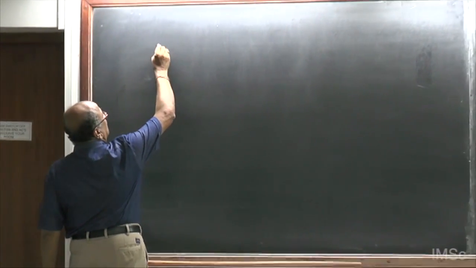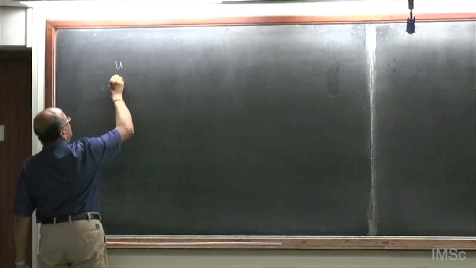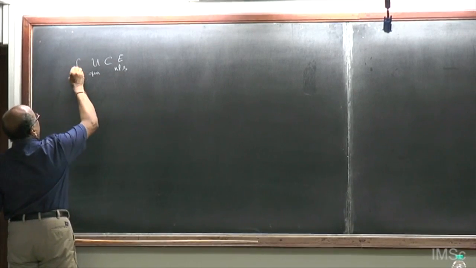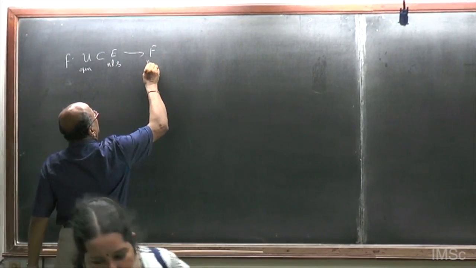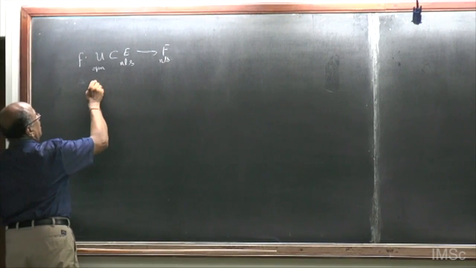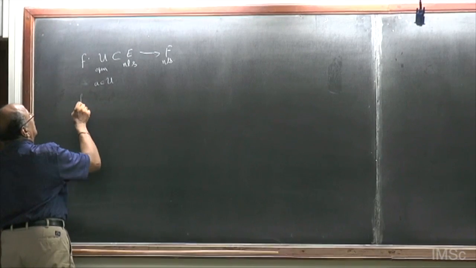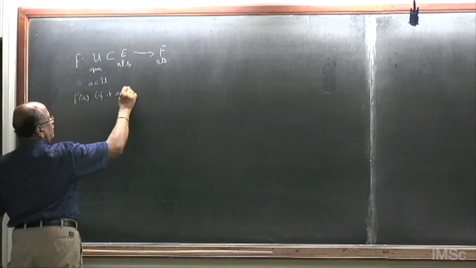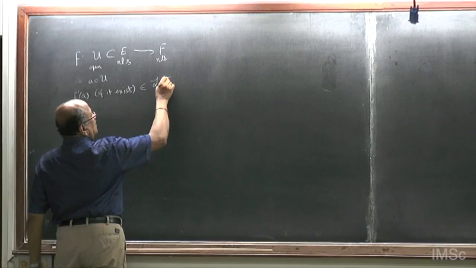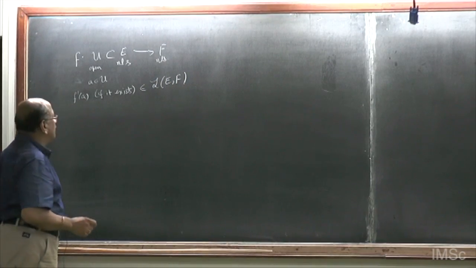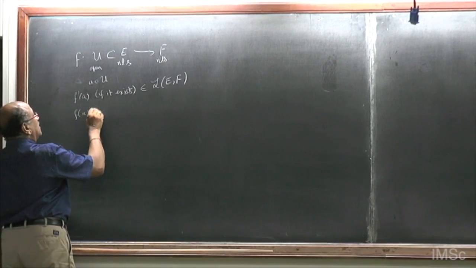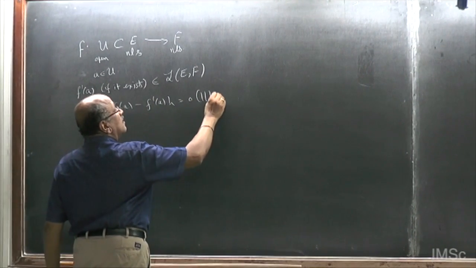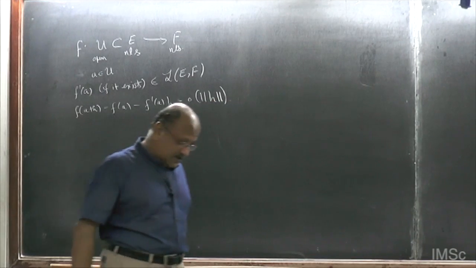The general framework is that I have an open set U contained in a non-linear space E, and f is a mapping into another non-linear space F. A belongs to U, and then f'(A), if it exists, belongs to the space of bounded linear maps from E to F, and f(A + H) − f(A) − f'(A)H is little o of norm H. So this is the framework.